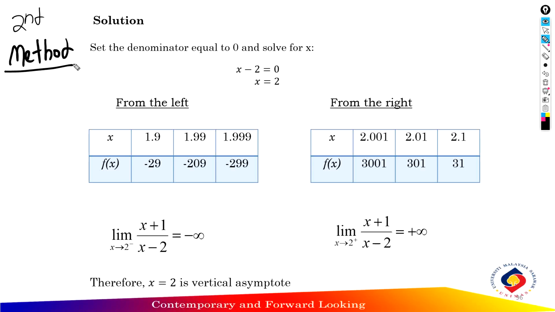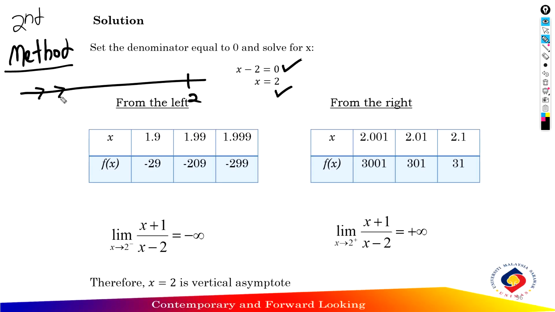First you set the denominator of the function equal to 0 and find the value of x. So x - 2 equals 0, and x equals 2. Okay, from the left of the function, the nearest value of x is 1.9.